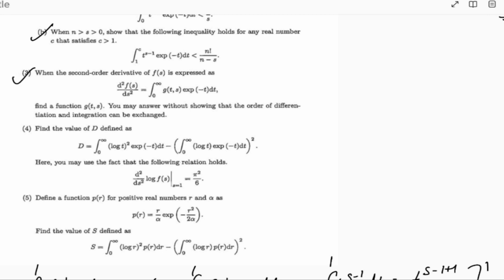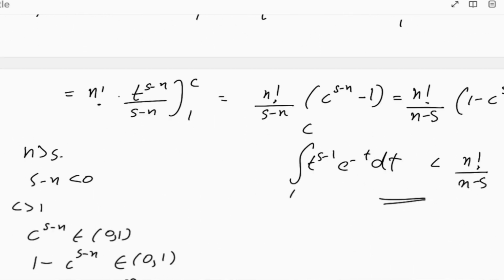In the next part, they're saying that they have defined this value d as this integral minus this integral squared, and I have to find this d given that this holds true. Okay, so I'll go and simplify d first.